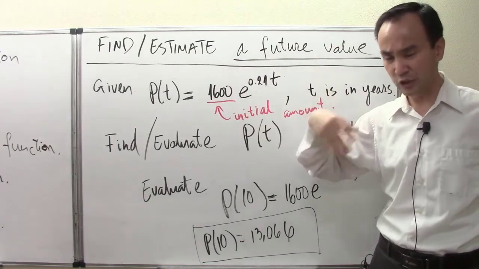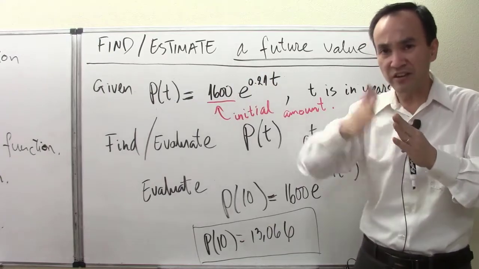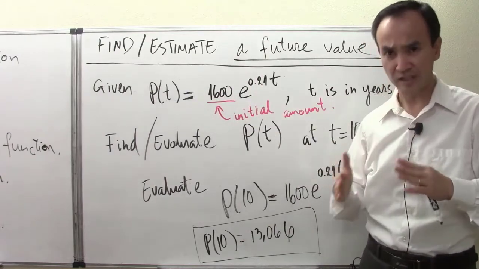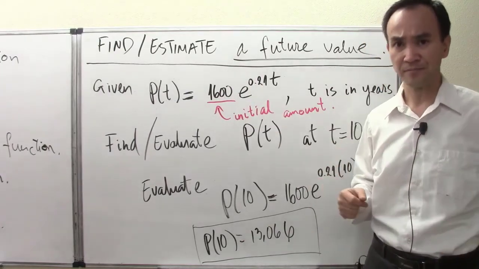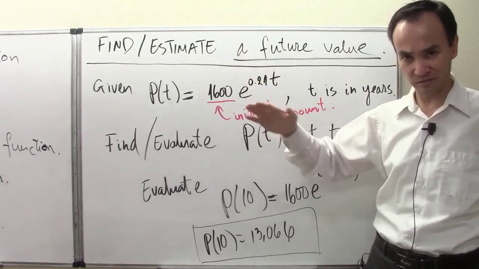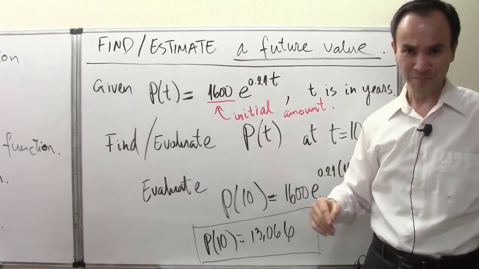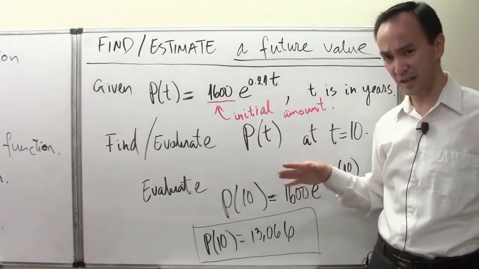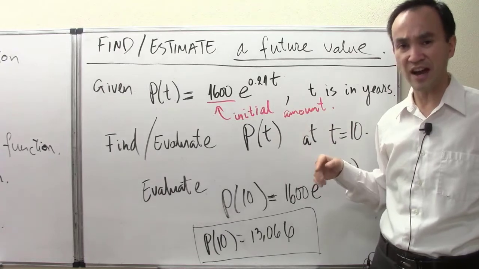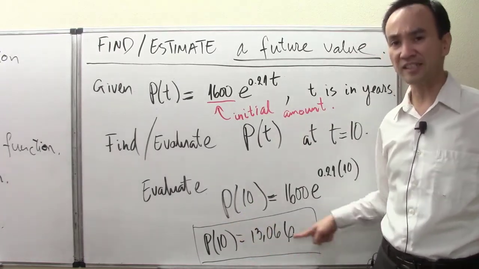It's not telling the truth of reality, because in reality some bacteria may be dying throughout the whole 10 years, which is a lot of time. We're only considering the theoretical case where the population keeps growing and no bacteria is dying. So this number will permanently stay as an estimate.